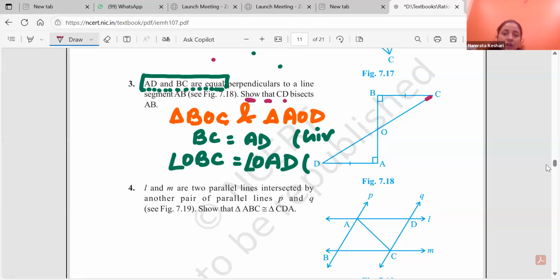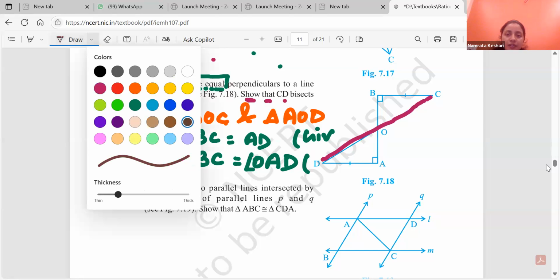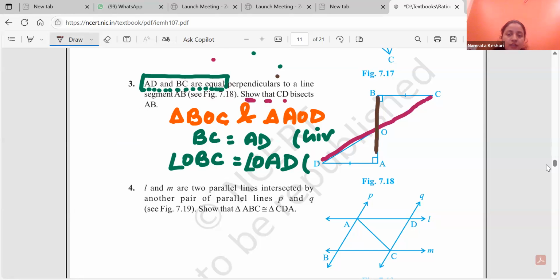This CD is working like a knife and it is cutting our AB in two equal parts. That's what is written in the question. This pink one is working like a knife and is cutting the AB in two equal parts, just like this. Getting it? Yes, ma'am. Okay, so we have to show that AO and BO are same, and that's what we are trying to show. That data cannot be used over here, right?